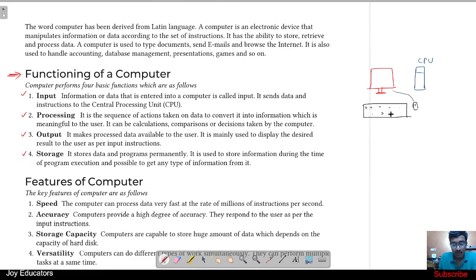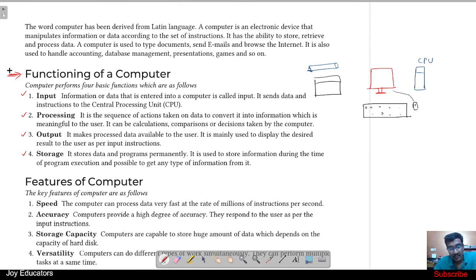Can you name others? How do you take a printout? That's good, so we also have a printer. How do you scan papers? We scan through a scanner. So we have a monitor, printer, and so on.